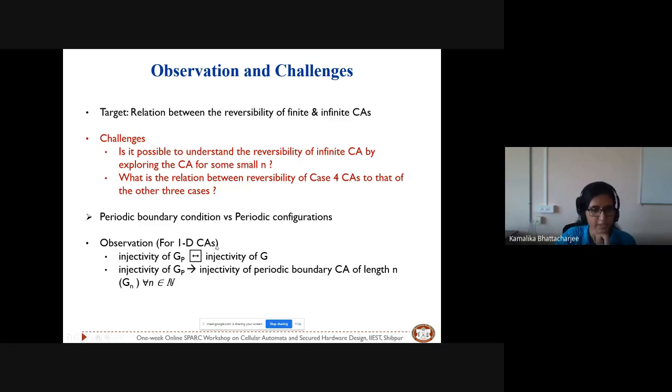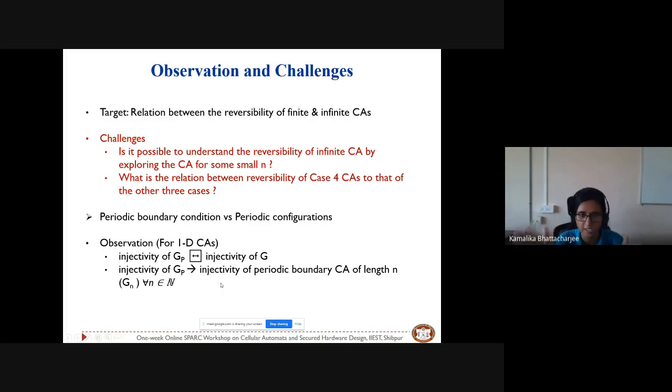For one-dimensional CA, you have also observed that injectivity of GP, that is case 2 CAs, defined over periodic configuration, is equivalent to injectivity of G for infinite CAs, defined over all infinite configurations. Now, injectivity of GP, talking about periodic configuration, means injectivity of periodic boundary CA of length n for all possible n's. So here we are taking Gn over all n, where n belongs to the set of natural numbers.